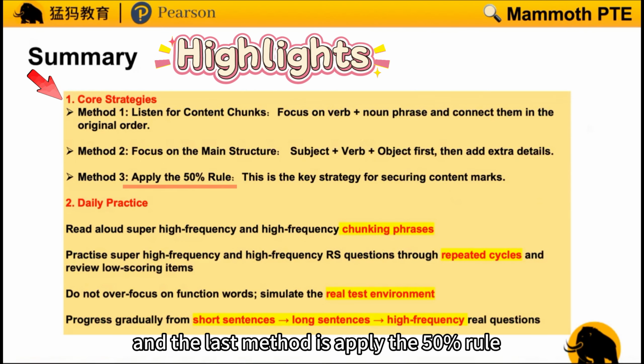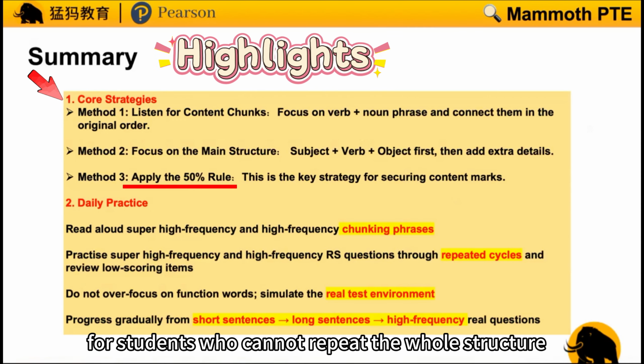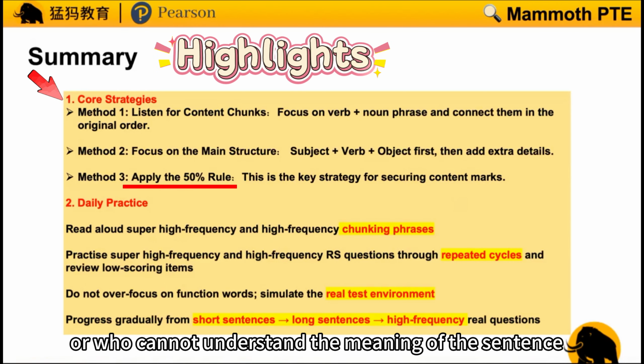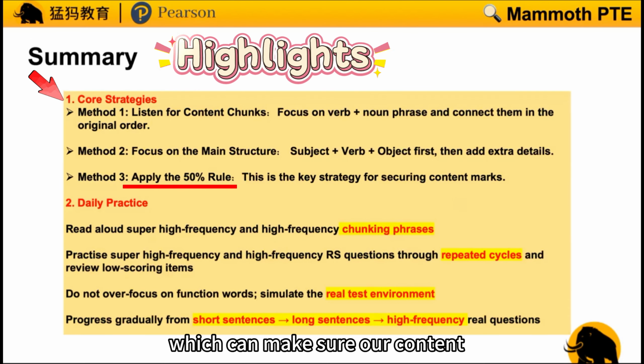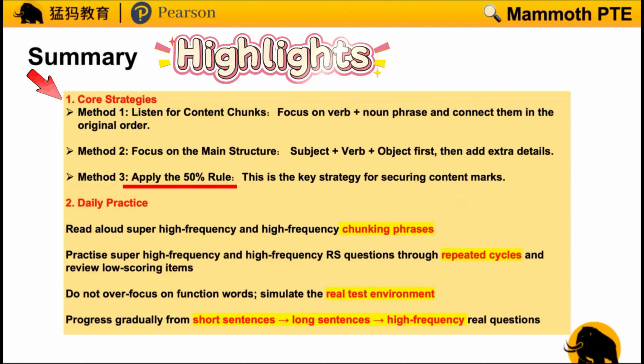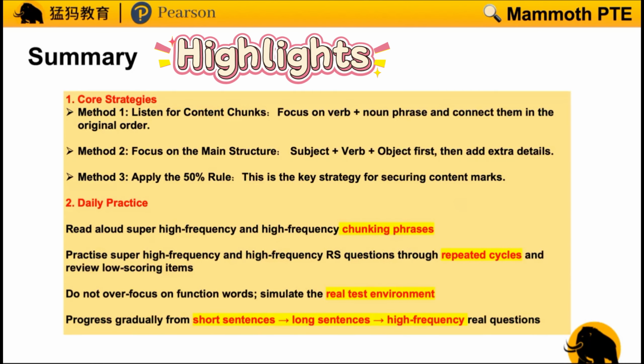And the last method is apply the 50% rule. It's very suitable for students who cannot repeat the whole structure or who cannot understand the meaning of the sentence. We need to obey the 50% rule, which can make sure our content gets at least 2 scores. And this is a key strategy for securing the content marks.